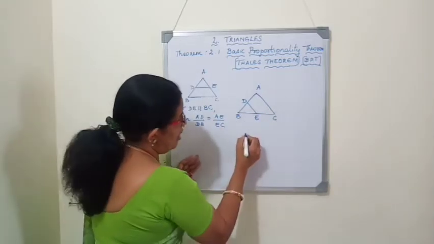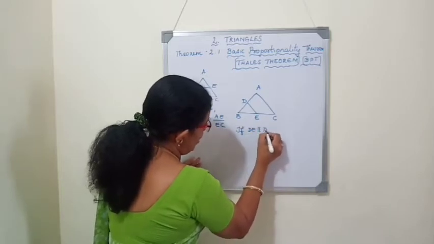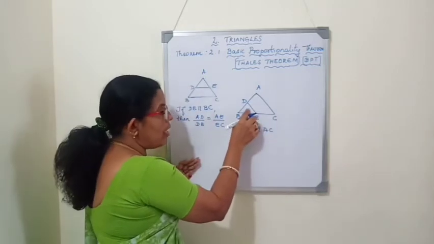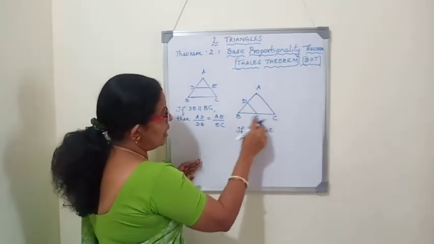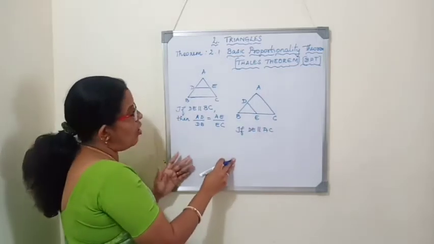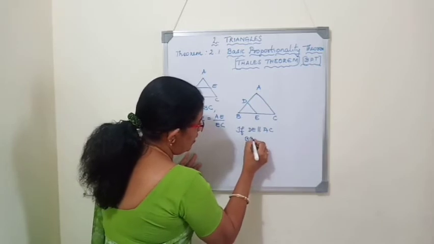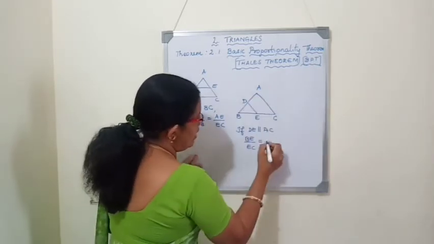It is AC. So the line is drawn parallel to the side AC, then the line will divide the other two sides in the same ratio, that is, BC and AB. So how can we write the ratio? BE by EC is equal to BD by DA.